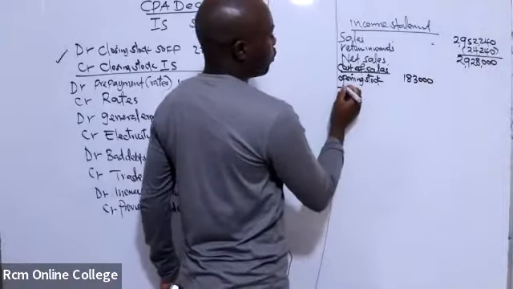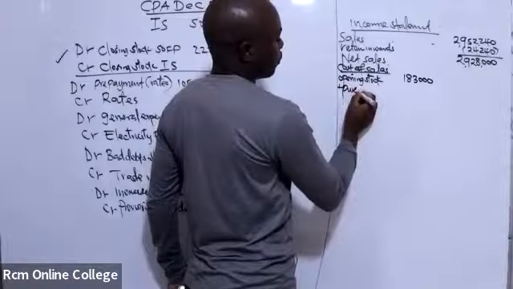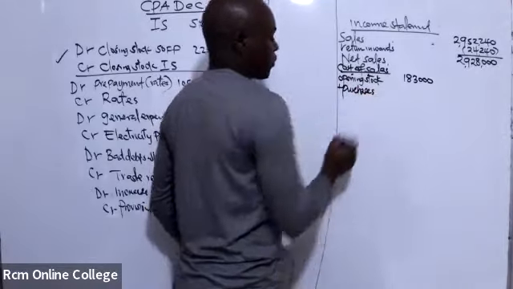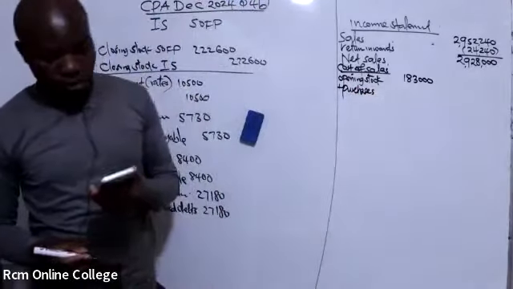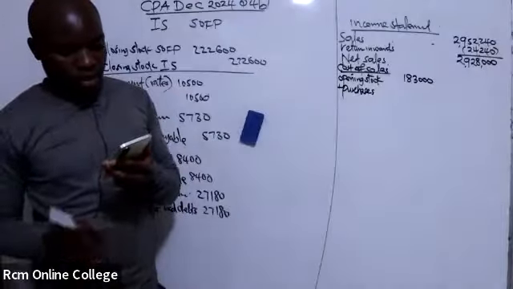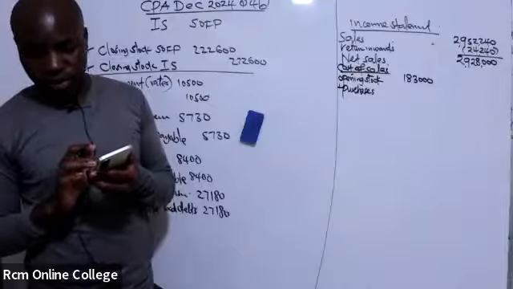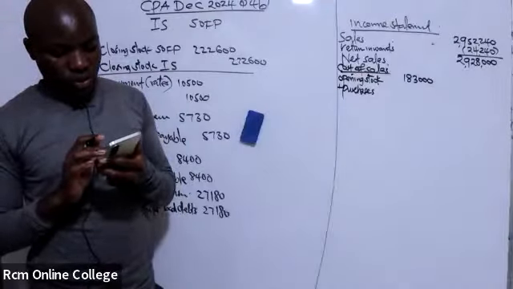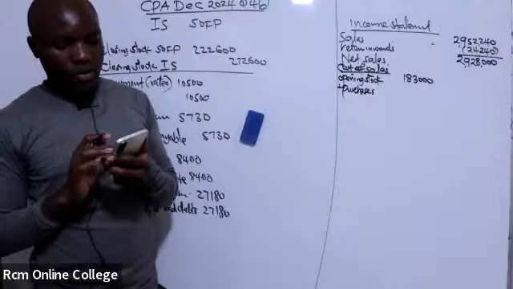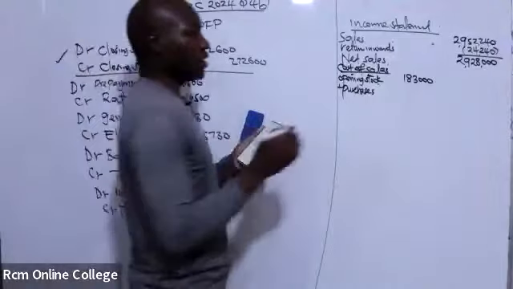Then you need to add purchases. I can see purchases is given there. Somebody can also help us get it. The purchases is the first one, 1,385,400.